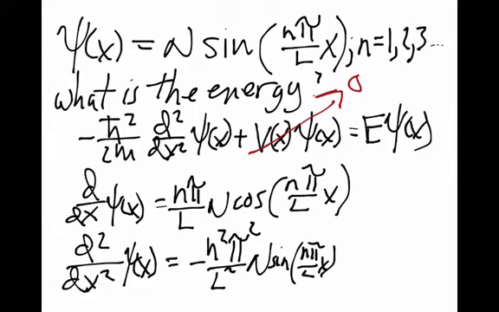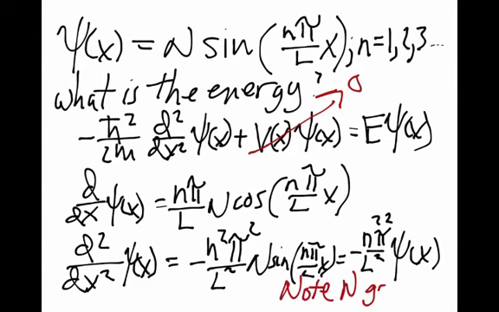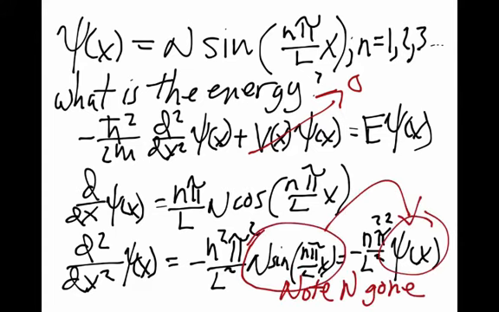So the second derivative of the wave function is equal to minus n squared pi squared over L squared times capital N, the normalization constant, times sine of n pi over L times x. And look at that, N sine n pi x over L. This is equal to minus n squared pi squared over L squared, and the rest of that stuff there is just the original wave function, right? So that's just psi of x.